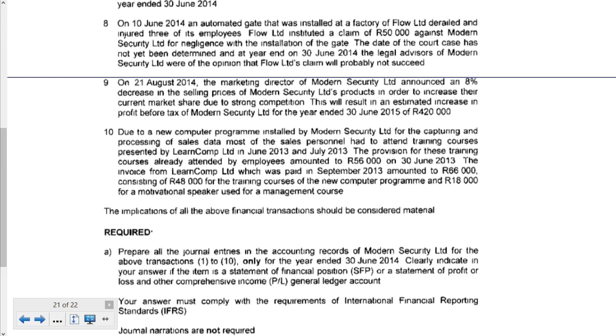Okay, so when we paid this 66, it was 48 for the training courses, 18 for a new computer program, so that needed to go to computer programs. The 48 needed to go against this 56 that we provided, and the remaining 8 needs to be written off, isn't it, or reversed.